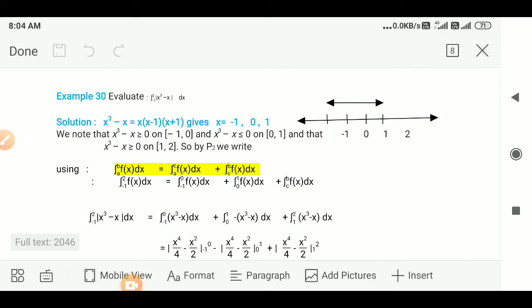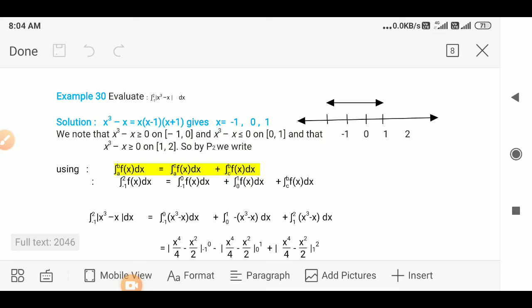Thus we have critical points minus 1, 0 and 1. Means the values of x, if we put 0, then you get 3 points. And here the limits are minus 1 to 2, so 2 is another point. So we can plot the number line showing the points minus 1, 0, 1, 2.